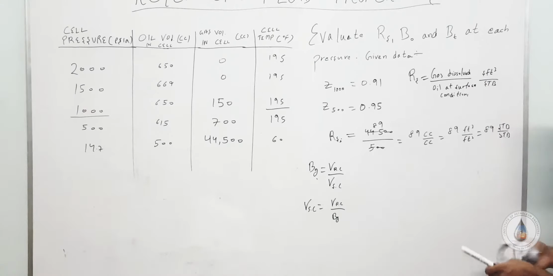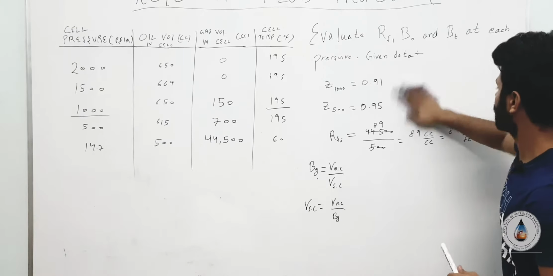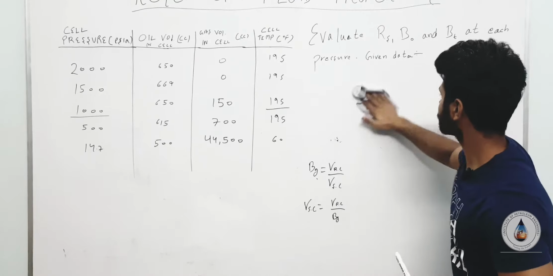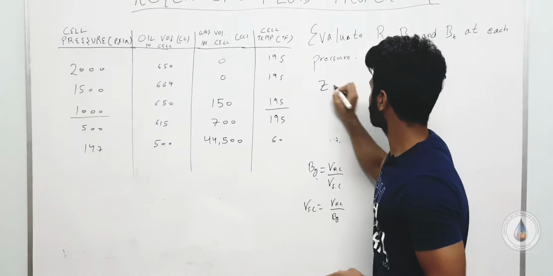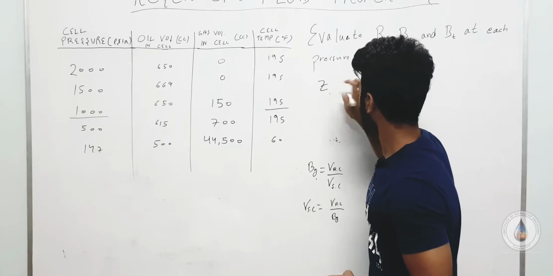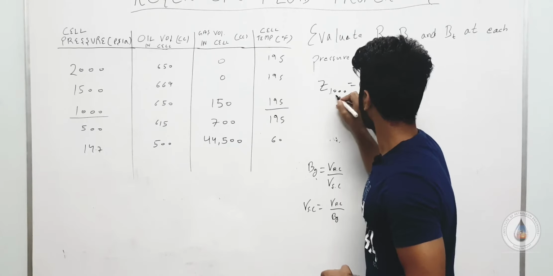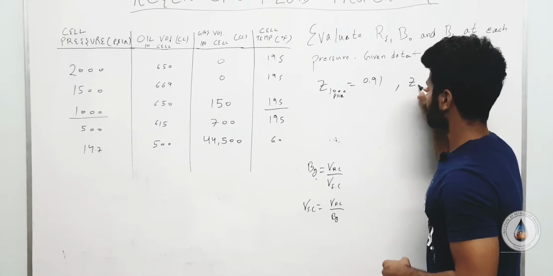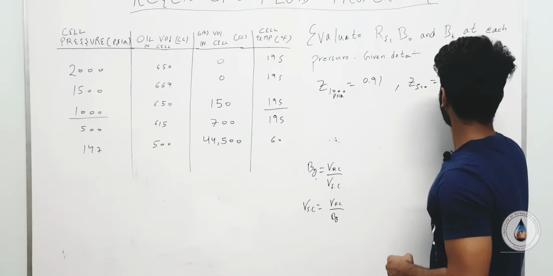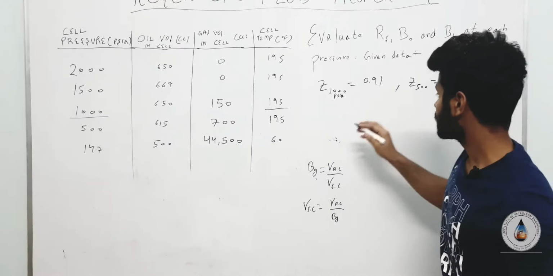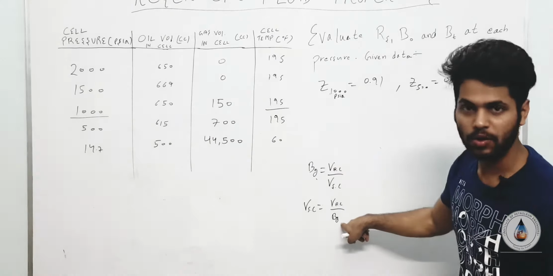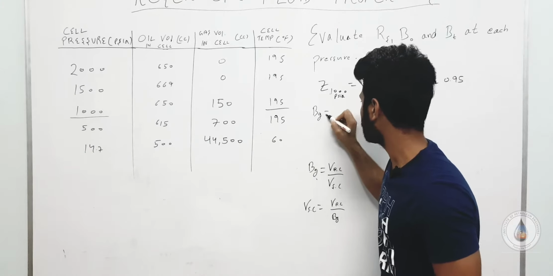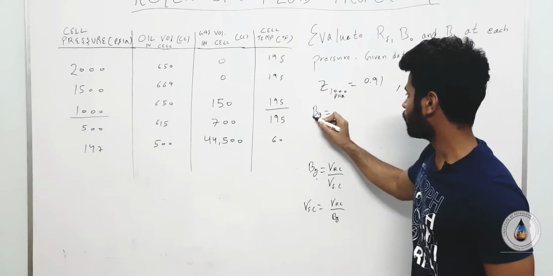Now Z at 1000 psia was 0.91 and my Z at 500 psia was 0.95. To calculate the Bg value that is missing from this equation, I'll use my past concept of the formula of Bg.